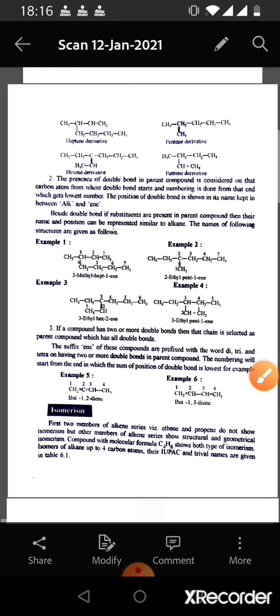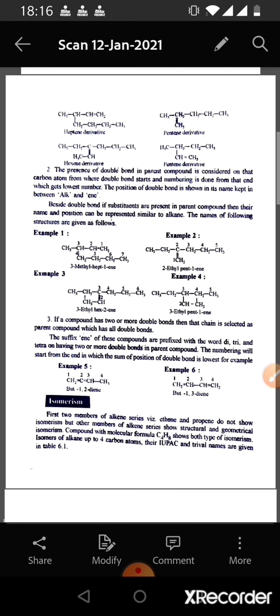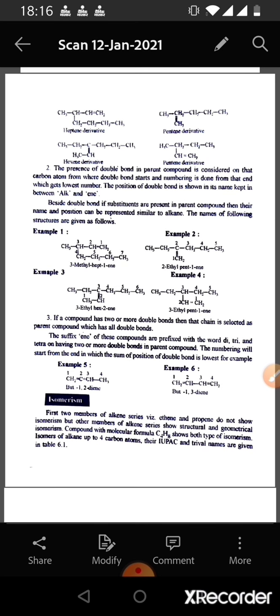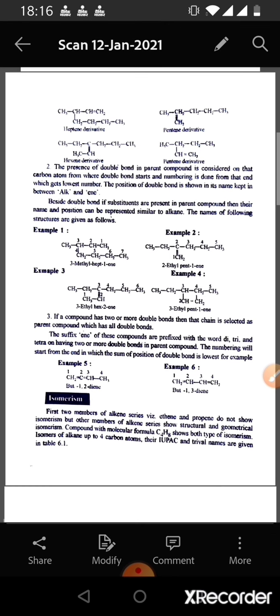Now we come to the second rule. The double bond in the parent compound is indicated by the carbon atom from where the double bond starts, and the numbering is done from the end which gets the lowest number. The position of the double bond is shown in the name, placed in between alk and ene. Like we saw in the previous case, it was but-1-ene. So but is for alk, then the number, and then ene.